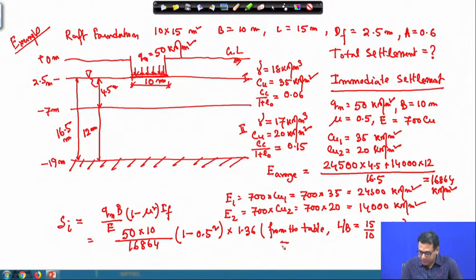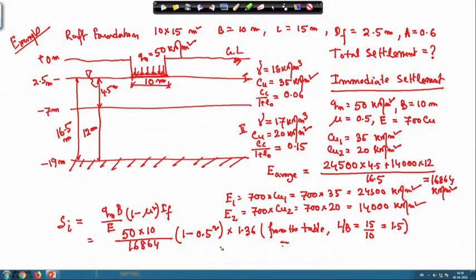So, the final value of this settlement, SI, will be equal to 30.24 millimeter.